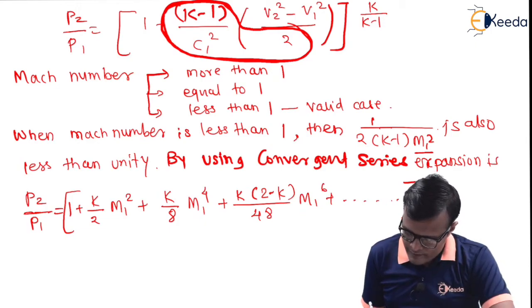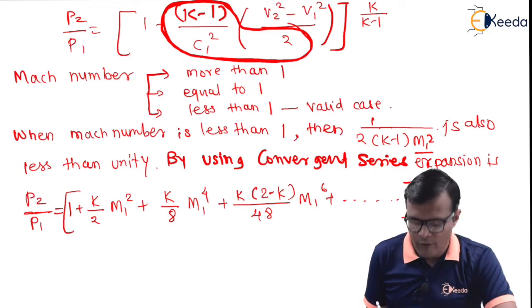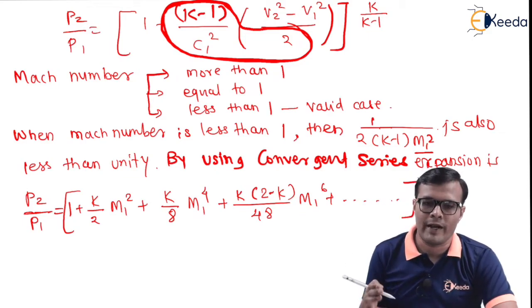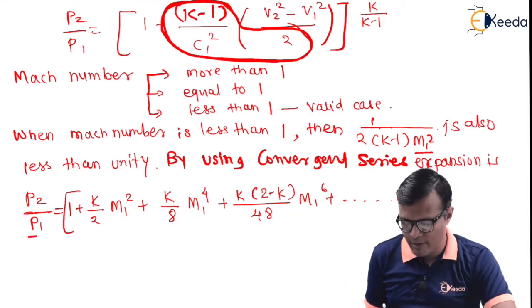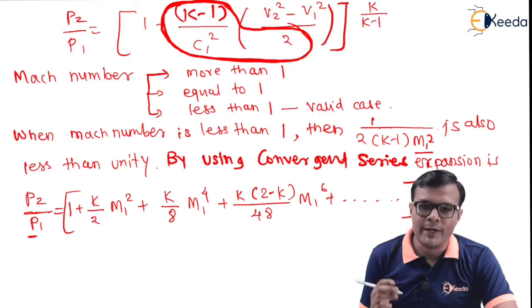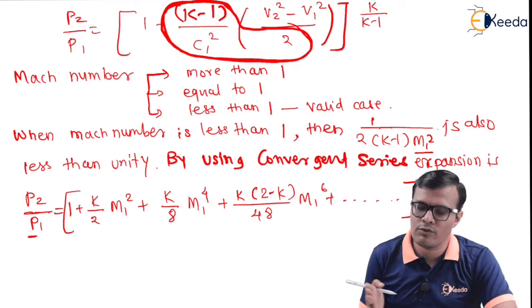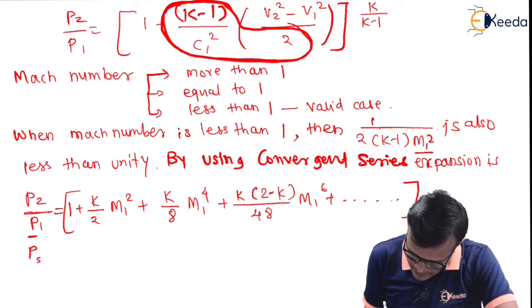Here we will separately calculate the value of P2. It means that this P1 should get multiplied to the other side. So P2 is nothing but the stagnation pressure. So now onwards I will use the word PS for stagnation pressure.